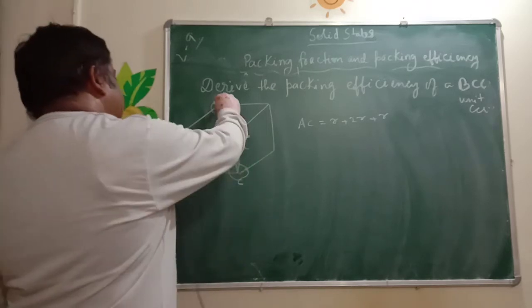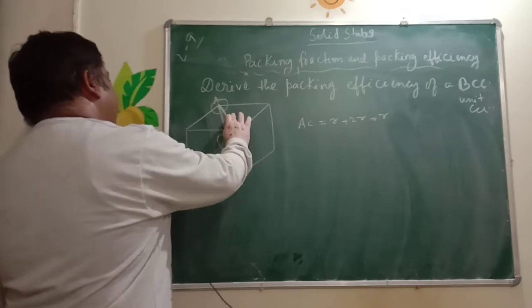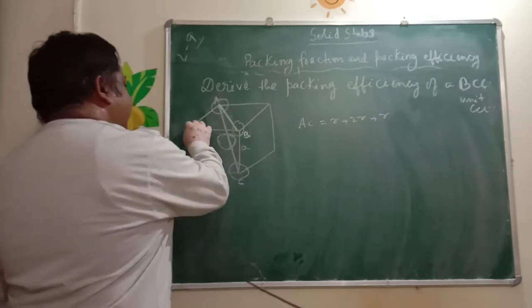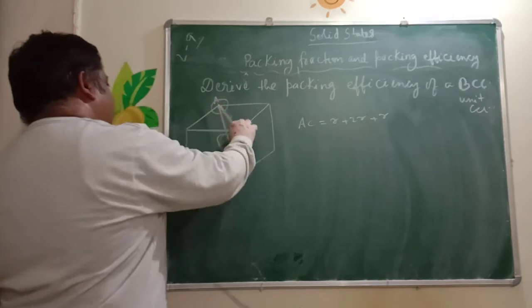Now this is not equal to A. Why? Because this is a body diagonal. This one is a face diagonal.